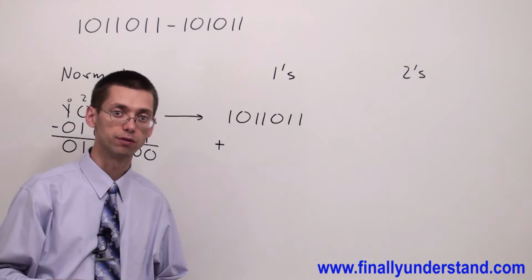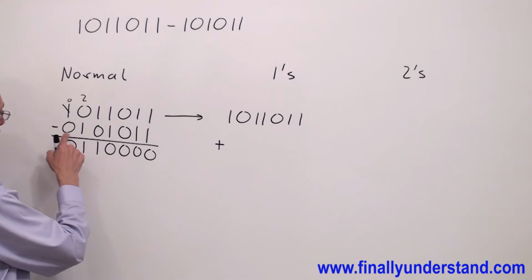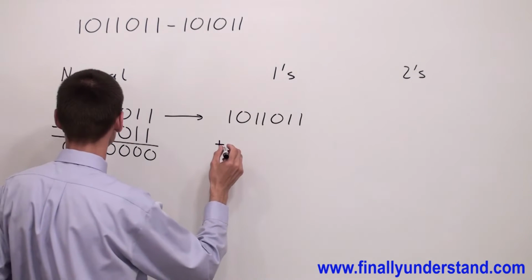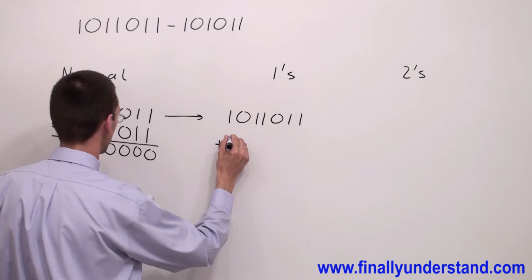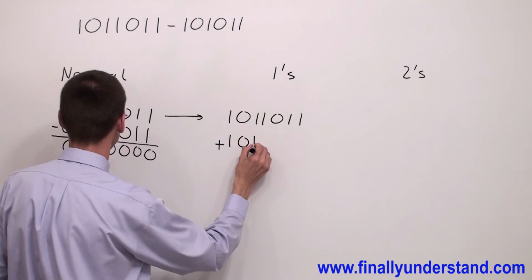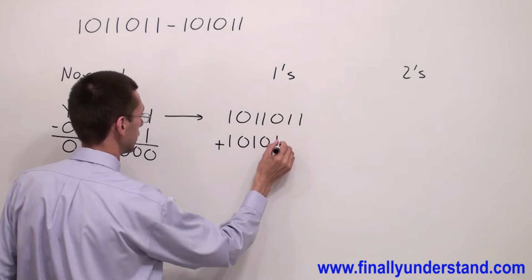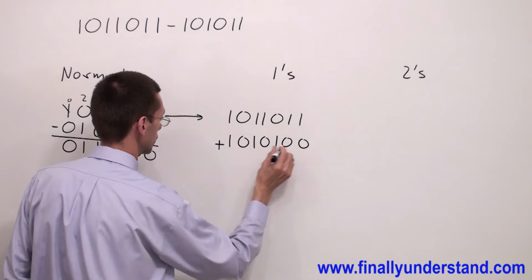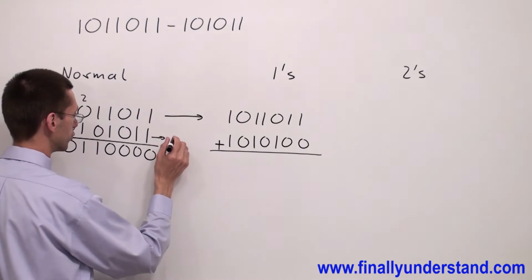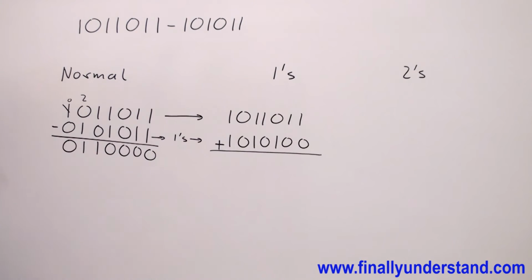It means we're supposed to invert every single bit. We're supposed to find the complement of every single bit of this number. That's why I'm going to have 1, 0, 1, 0, 1, 0, 0. Okay, let me remind you, we're supposed to find 1's complement of the second number.